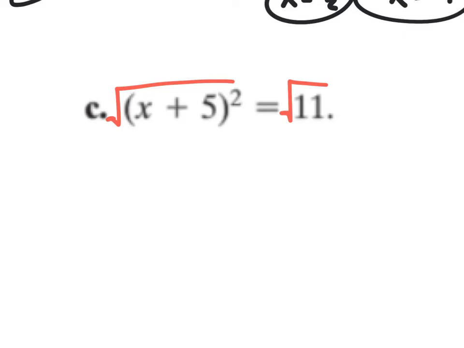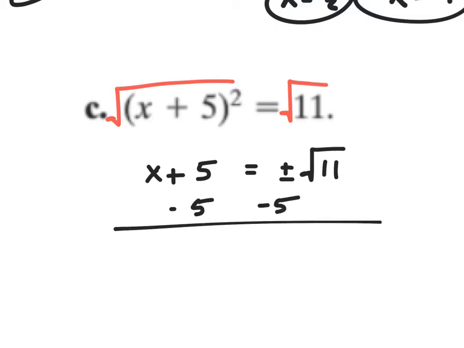And I can automatically, in my first step, just get rid of that square, and I have x plus 5 is equal to plus or minus the square root of 11. Now, because 11 is a prime number, I can't simplify that. I'm just going to leave it as the square root of 11. And then my next step is going to be to subtract 5 from both sides. And so I get that x is equal to negative 5 plus or minus the square root of 11.